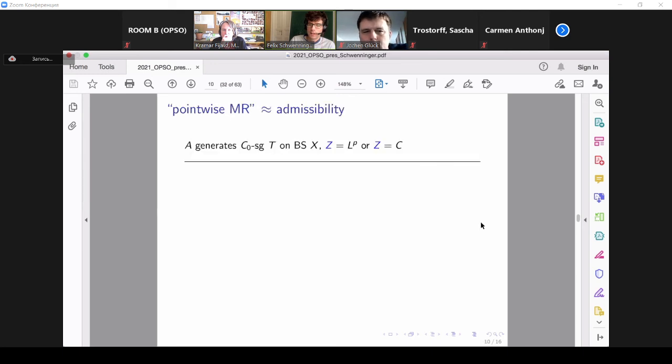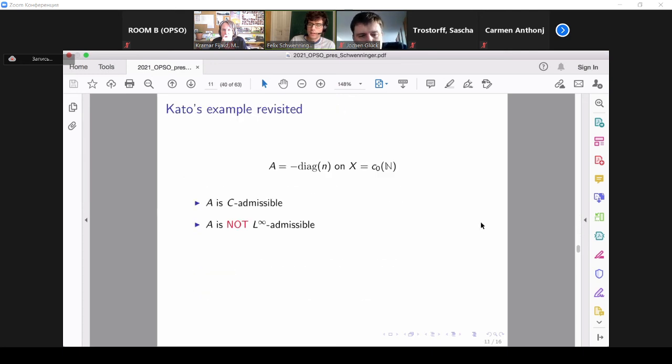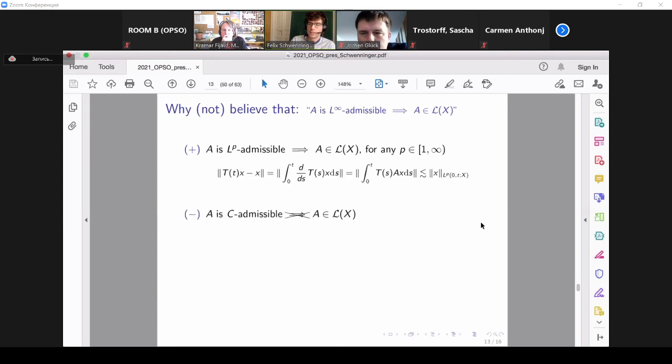And if you look at this argument for the L^p case, if you replace L^p admissible by 0-class continuous admissible, you can do the same steps, but you end up here with the supremum norm and the operator norm of phi tau, phi t, and this would then go to 0. So if you have 0-class admissibility, the same argument implies that A is a bounded operator. So that direction is rather trivial. Okay.